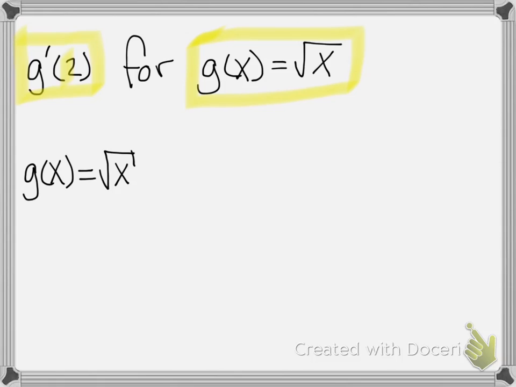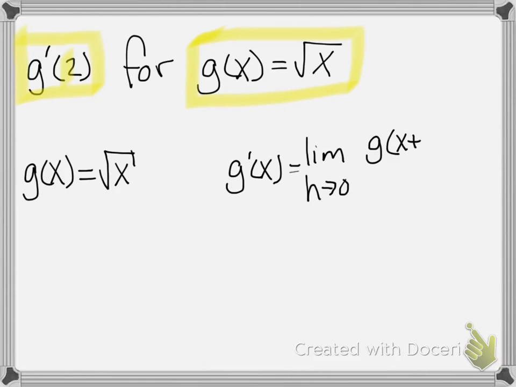And so our limit definition, normally we say f of x, but it's just a different variable out front, so we can say that the g prime of x is going to be equal to the limit as h goes to 0 of our g, this time, of x plus h minus our g of x all over h.